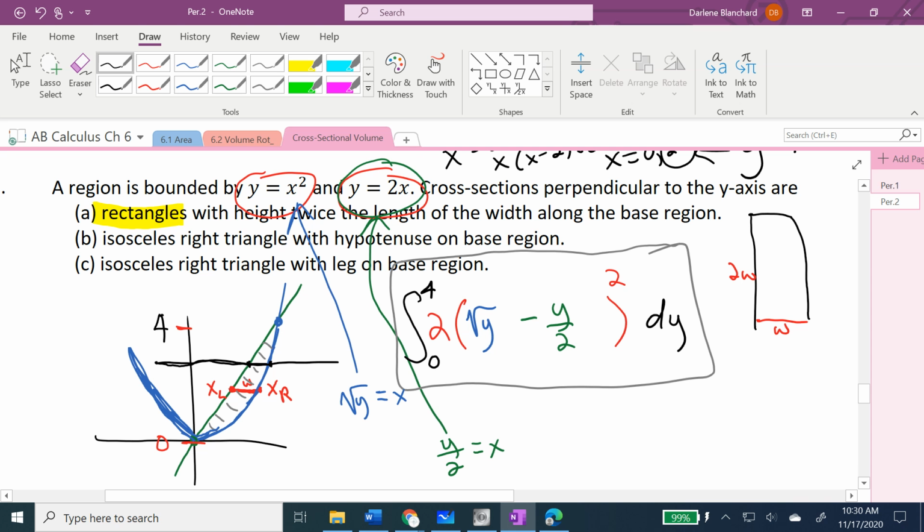If you can't graph it to see it visually, you have to at least know where the region exists between.